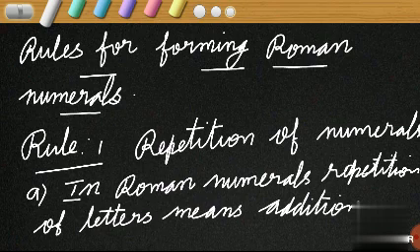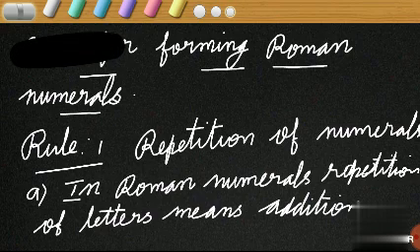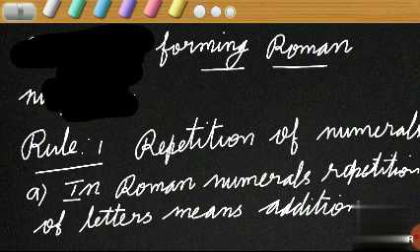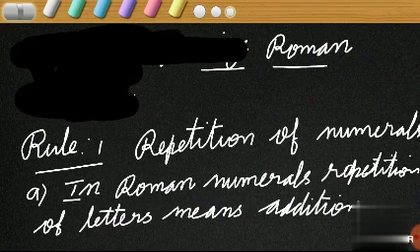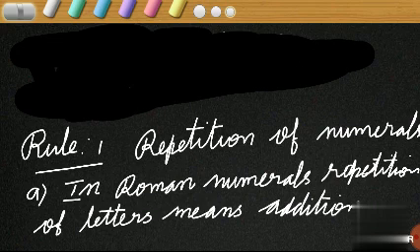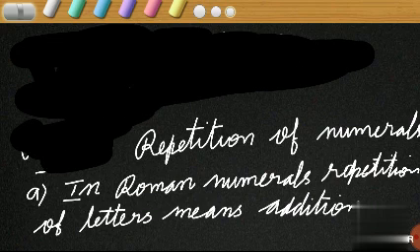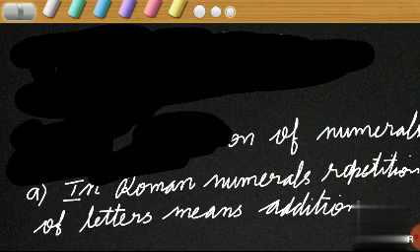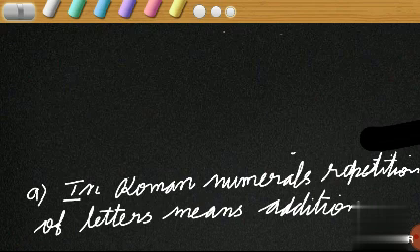Okay, what is the first rule? Rule 1 is regarding the repetition of letters. So in Roman numerals, if we repeat letters, what is the meaning of that? The letters have to be added together.